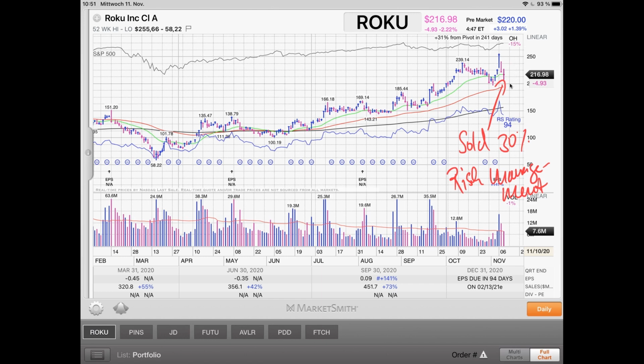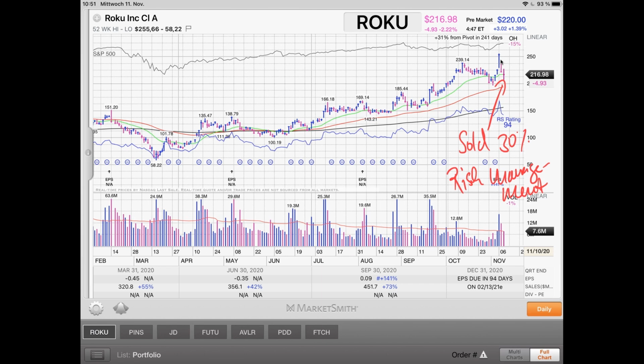And in that situation, I want to be defensive. And I don't want to have so much capital when a stock is going sideways or does not behave as I expected. I expected that Roku will follow through after this earnings situation and go higher. But that was not the case. And in that situation, I want to be defensive, and I sold 30% because I can buy back anytime.